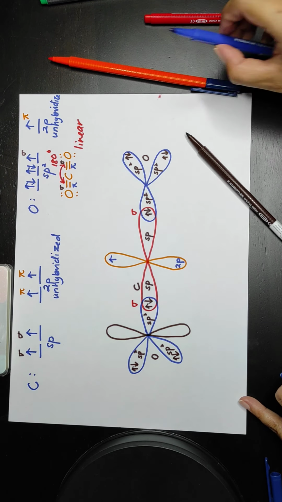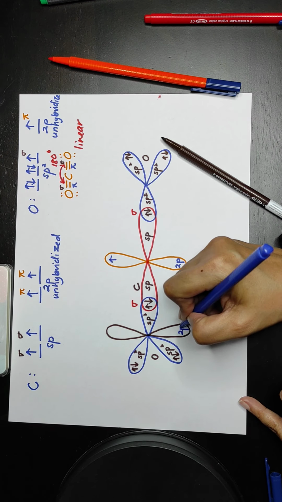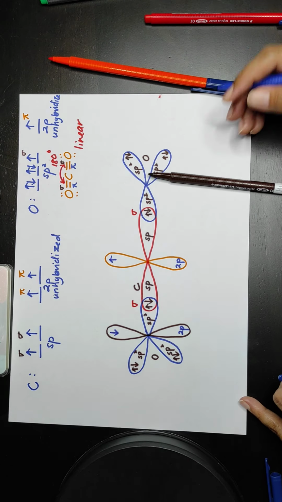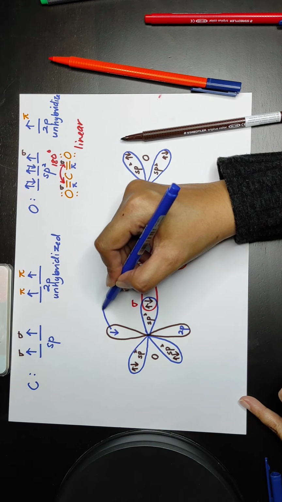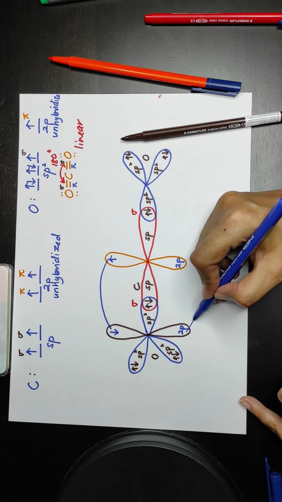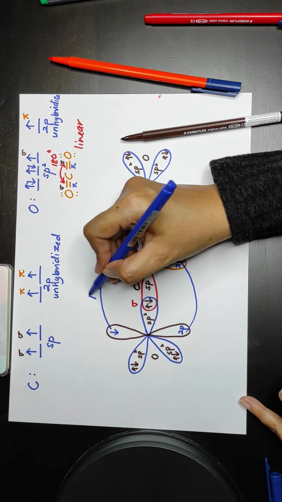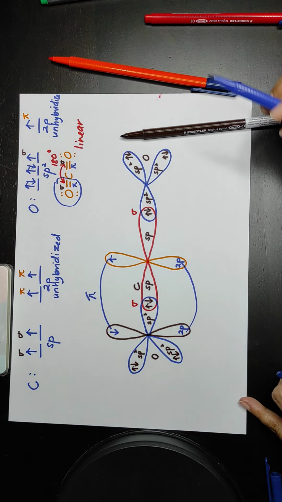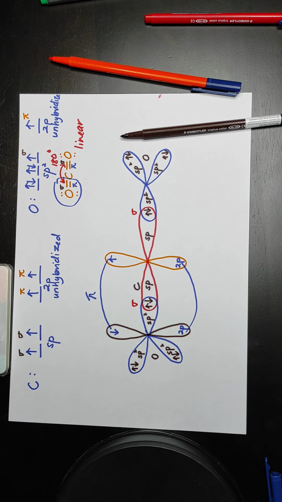Label it as 2p also, and here there are opposite spin electrons. So overlapping between these orbitals will form one pi bond. So that settles the left side.